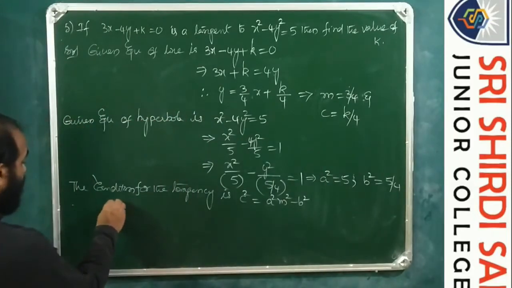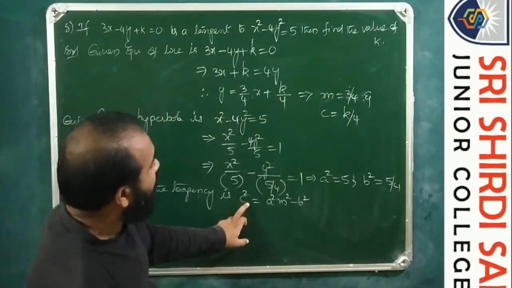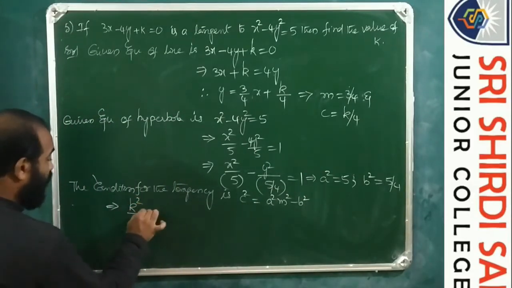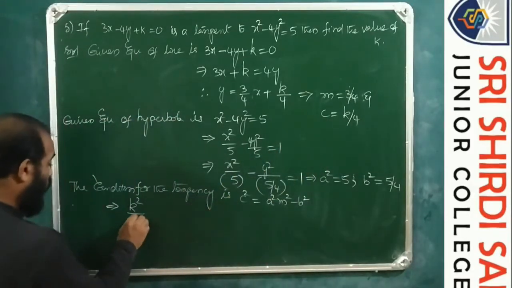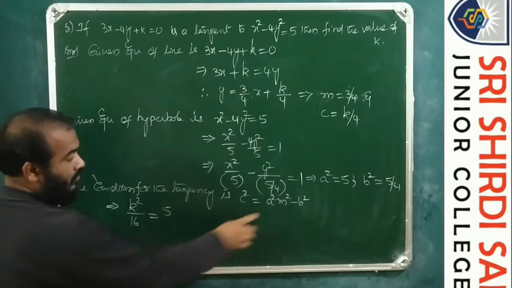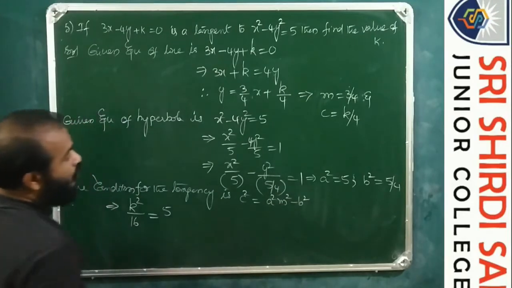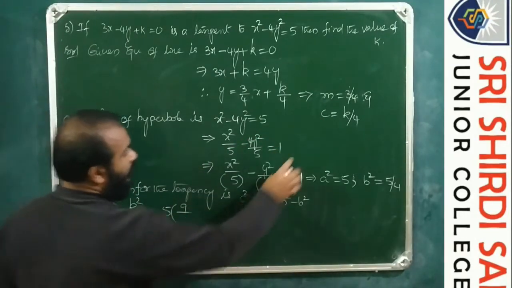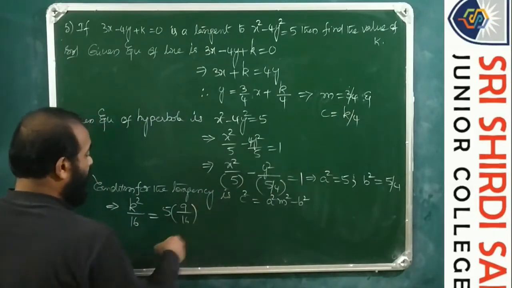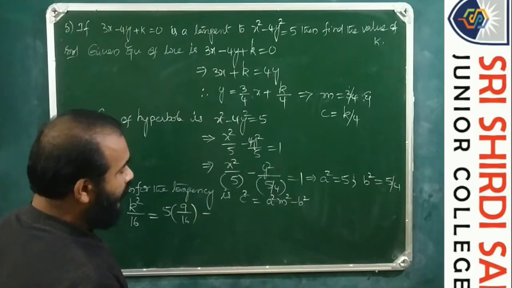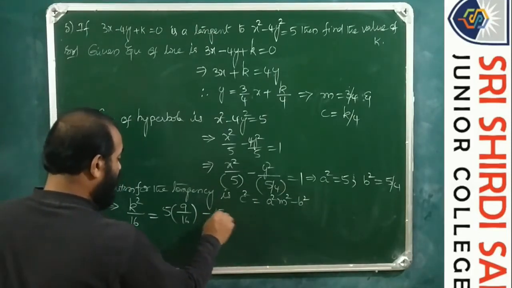Now, here the value of c is equal to k by 4 whole square. So k square by 4 square, 16, is equal to a square, which is 5, m square value, m is equal to 3 by 4 whole square, 9 by 16, minus b square. B square is equal to 5 by 4.